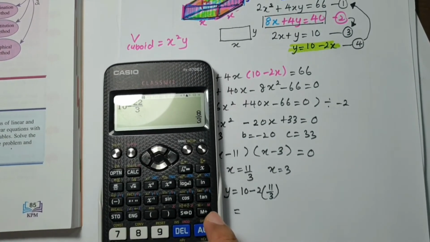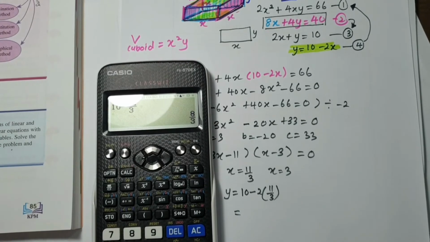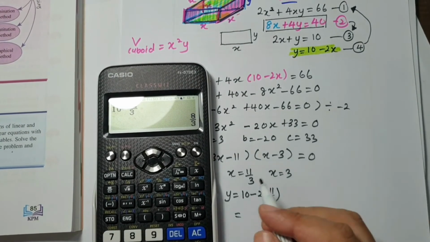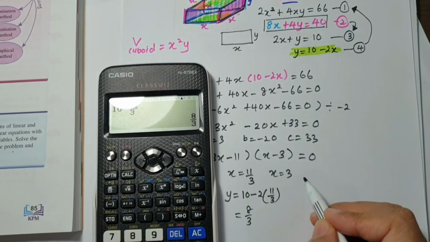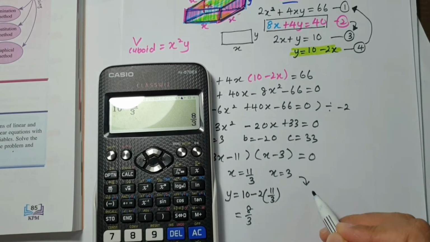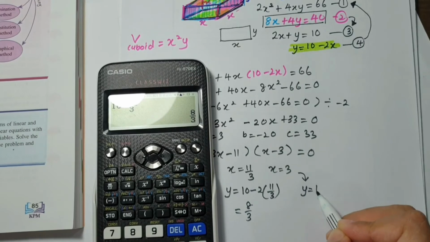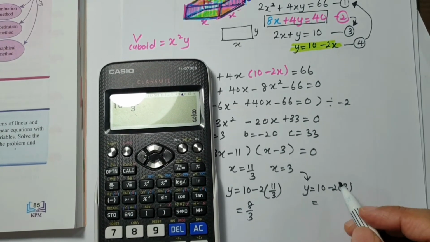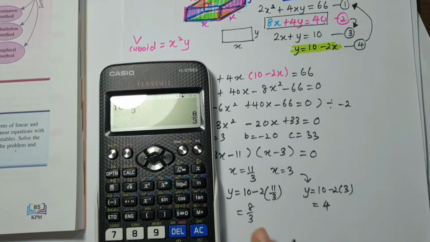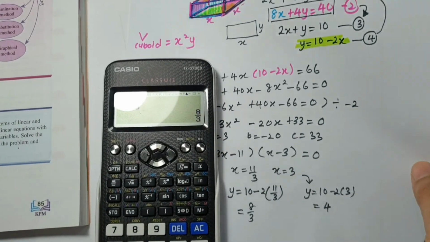So it is 8 over 3. And if x is 3, y is 10 minus 2 times 3, becomes 10 minus 6, becomes 4.